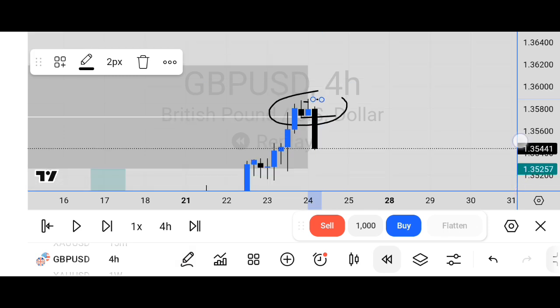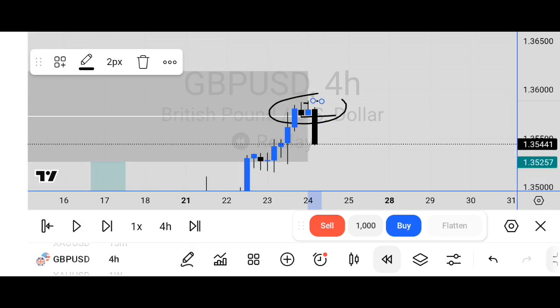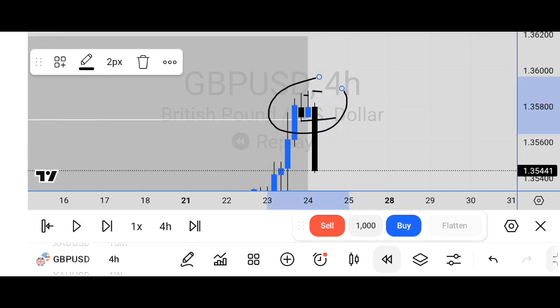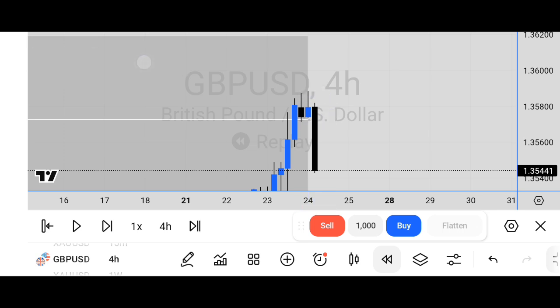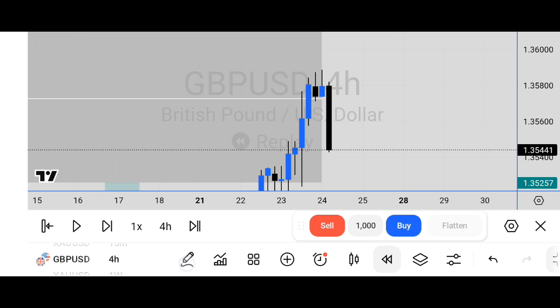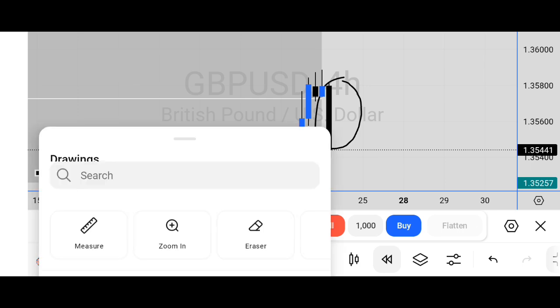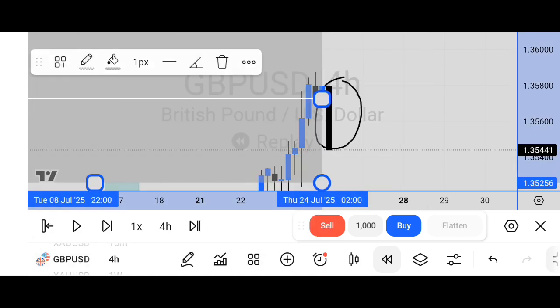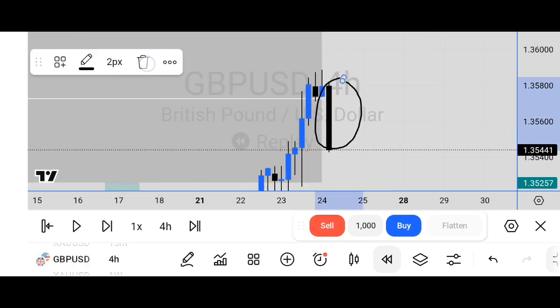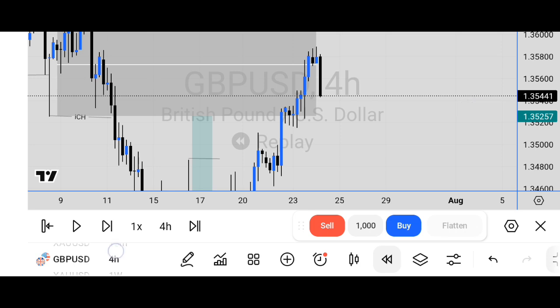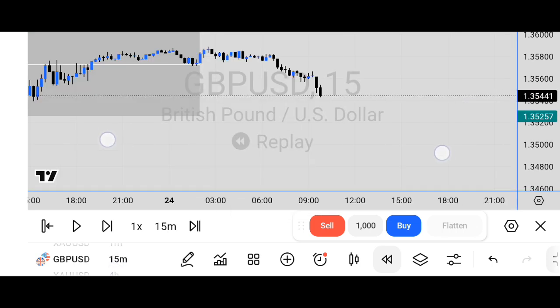It gave us a clear confirmation that yes, it wants to go bearish, which is this engulfing candle right here. So after getting our engulfing candle, what do we do next? We scale down to our 15 minutes again, and then we look for entries.